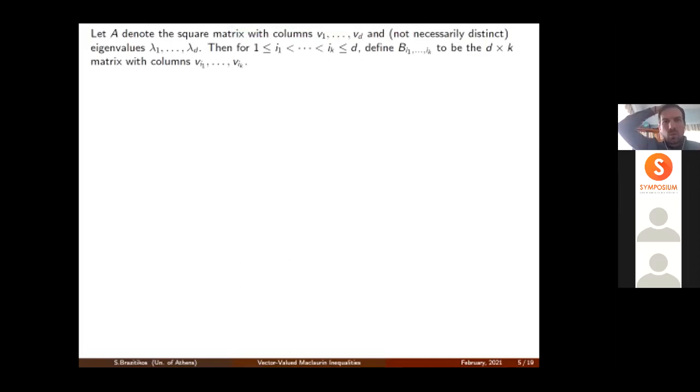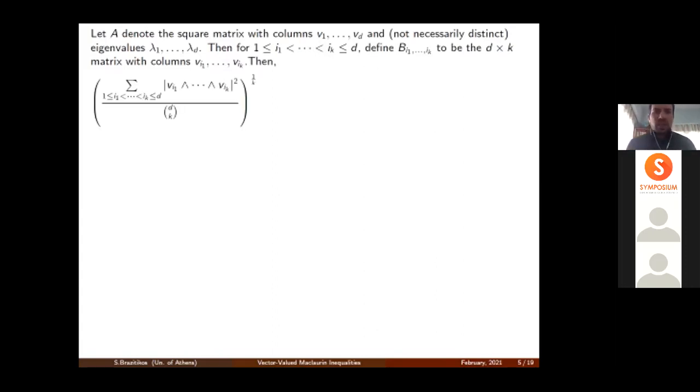We take some indices i_1 up to i_k, and we define the matrix B_{i1...ik} to be the matrix with columns v_{i1} up to v_{ik}.